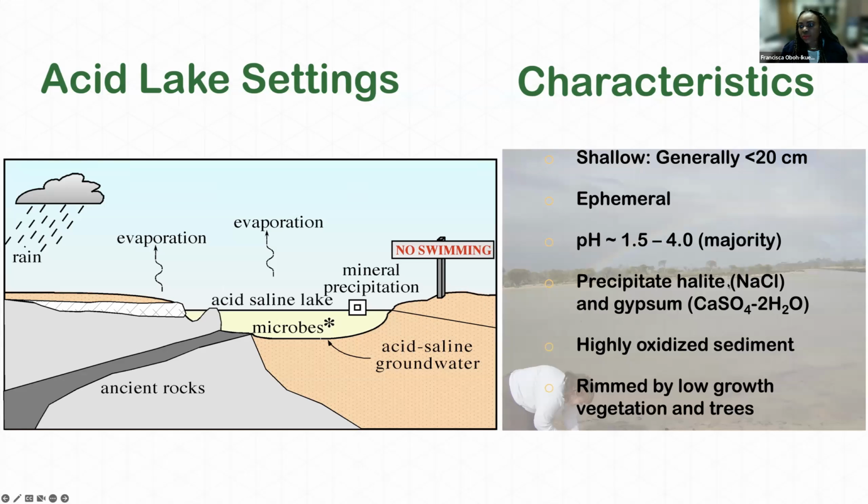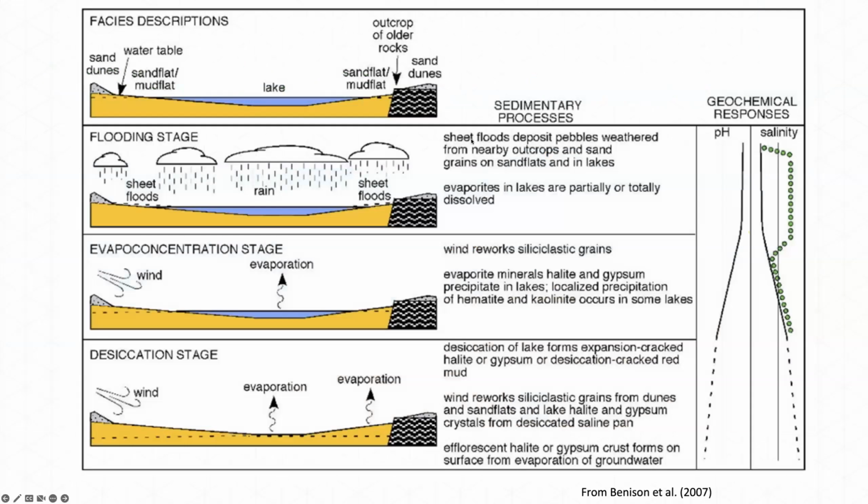We found sodium chloride, halite, and gypsum precipitating. In some cases, just randomly, one lake would have sodium chloride, another lake 10 kilometers away would be gypsum. It was red everywhere. You would think you were on the planet Mars. And then there were low growth vegetation and trees all around.